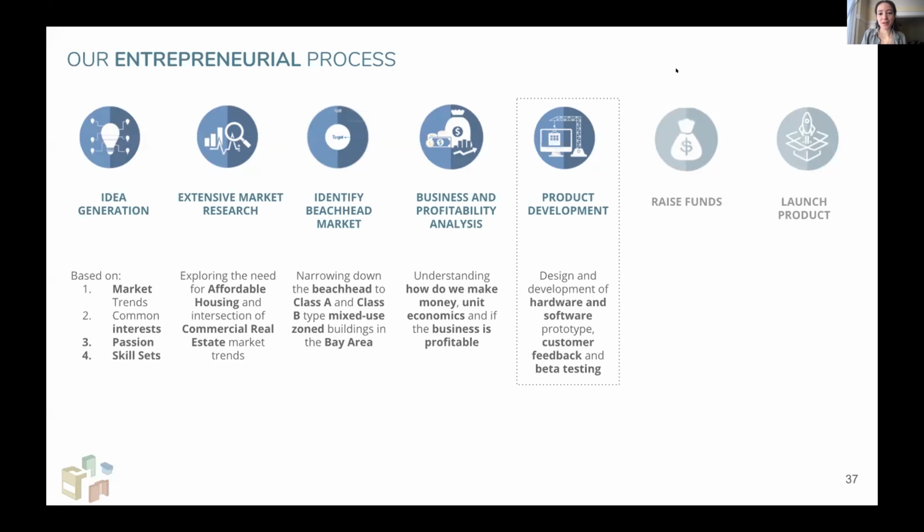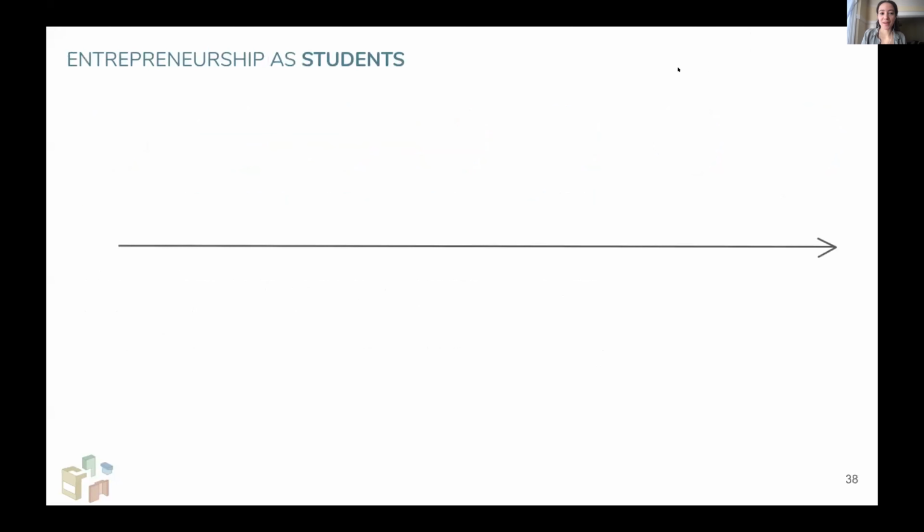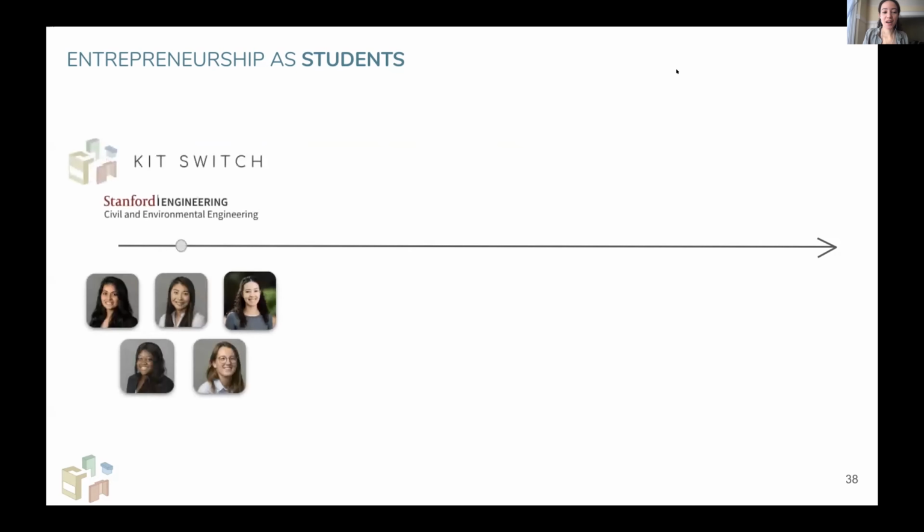But I'd love to talk also about what entrepreneurship might look like or might mean for students, because we started this as graduate students at Stanford. I think one dimension that was unique about entrepreneurship as students was what initially brought us together.